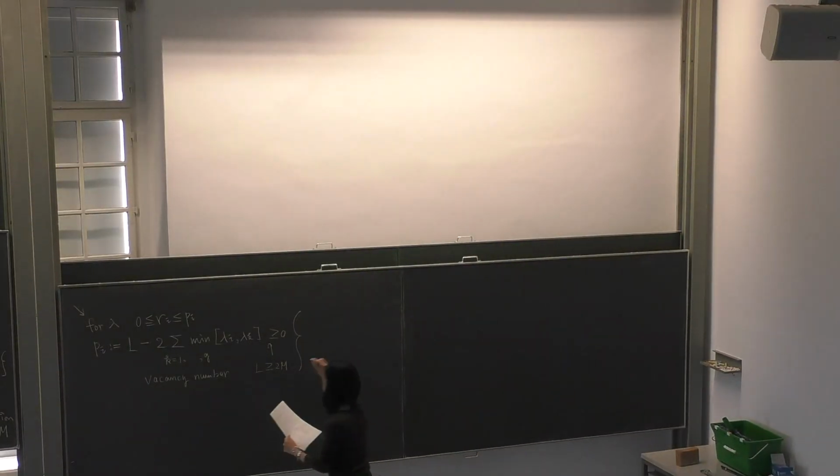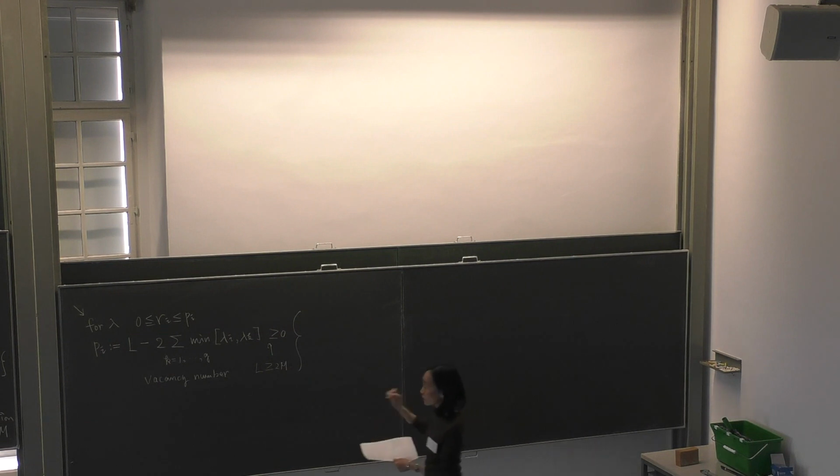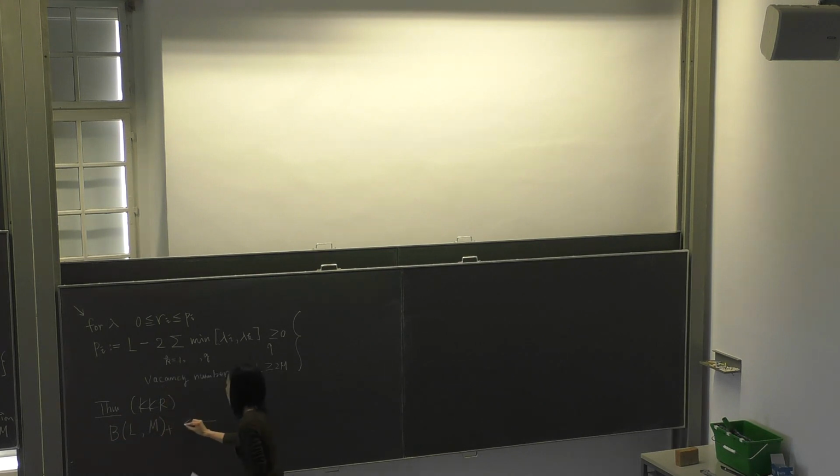Then there is a theorem by Kirillov-Reshetikhin, the KKR correspondence, as follows. There is a one-to-one correspondence between B_{L,M}^+ and this set of pairs of partition and rigging. So this is a theorem.